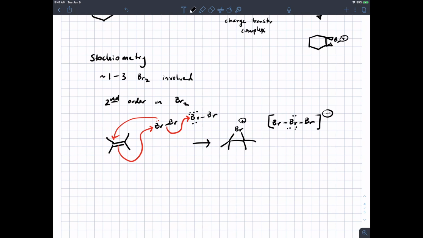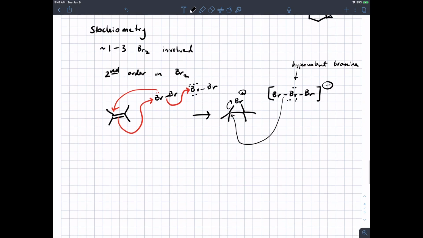Bromine, by virtue of its large size, can bond in hypervalent arrangements. And it's actually thought that it's this Br3 species in the second step that delivers the other equivalent of bromide.